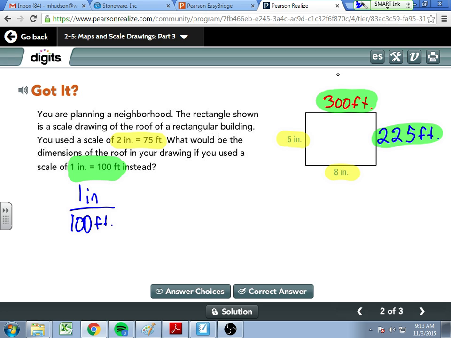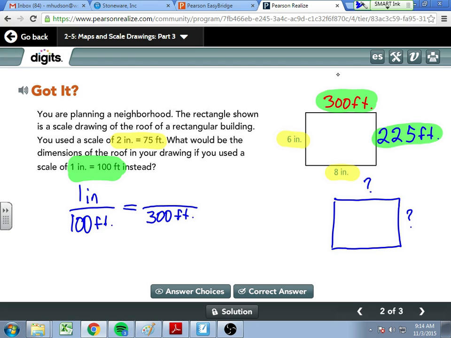So I set up my 1 inch over 100 feet. Thomas, can you tell me what my ratio over here is going to have? 300 feet on bottom, because it's the feet measurement. I'm essentially drawing a new drawing and trying to figure out what the new length and new width will be.